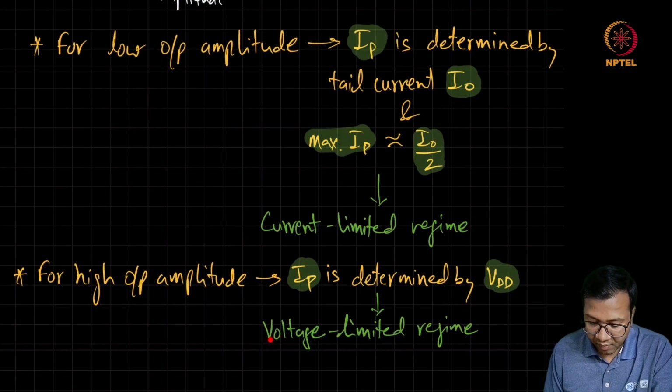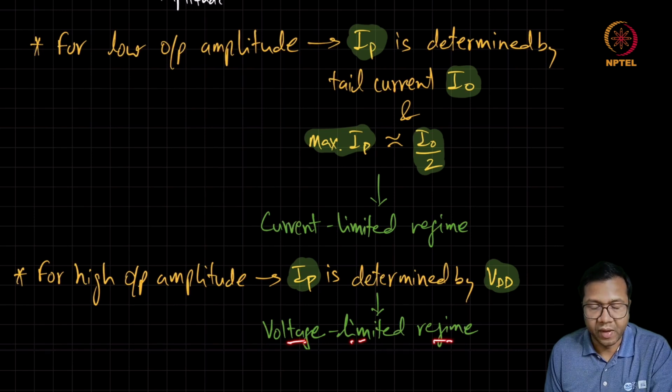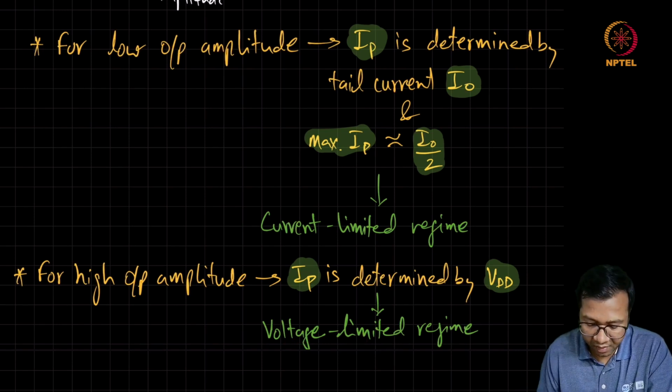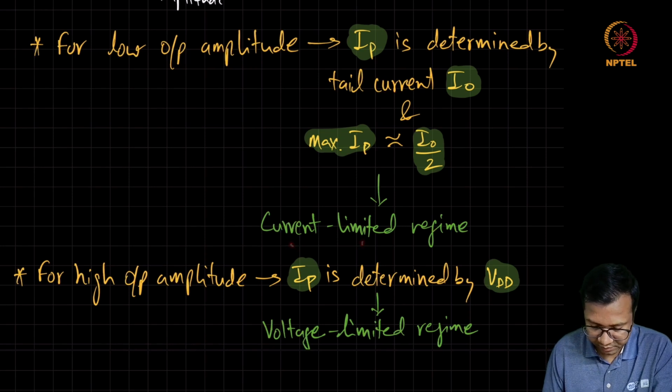In this voltage limited regime, we will find that the MOSFETs get into a more nonlinear region as compared to the current limited regime.